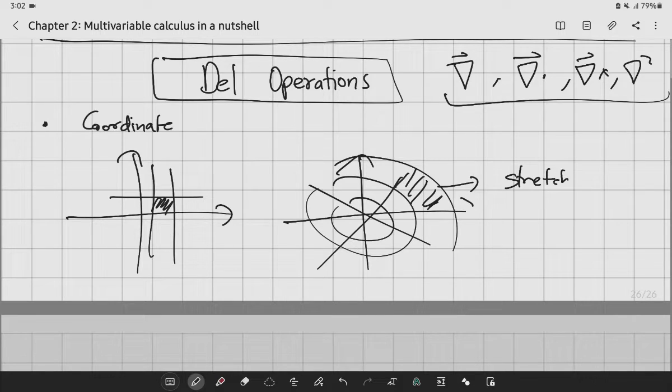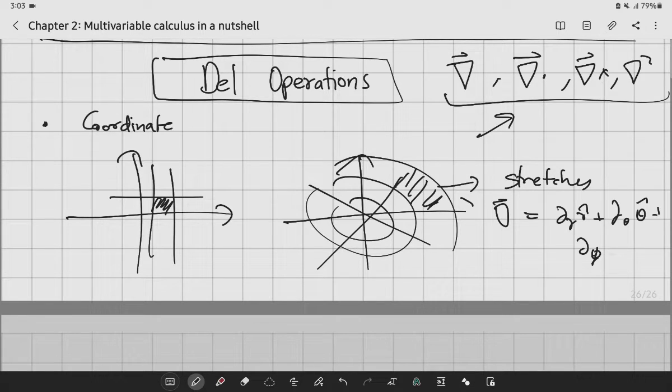Sometimes it stretches, but sometimes it squishes. It depends, right? So because of this, you cannot really use the same formulas that you used for the Cartesian coordinates. For example, the gradient in spherical coordinates, it's not partial r hat plus partial theta hat plus partial phi hat.